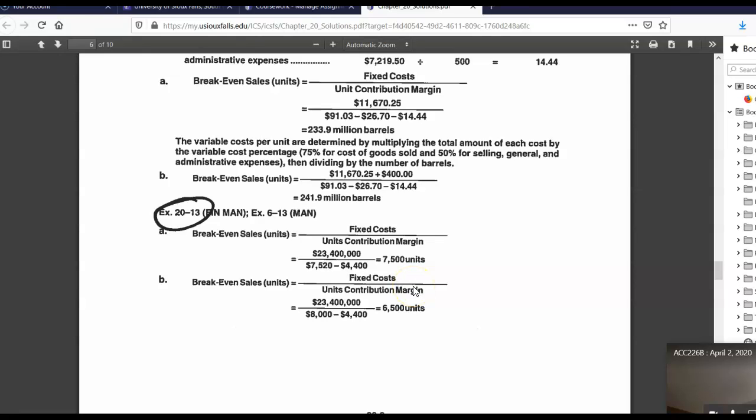Well, in part B, it says, compute the anticipated, assuming that the unit selling price stays the same. Well, it says here above, a proposal is being evaluated to increase the unit selling price.